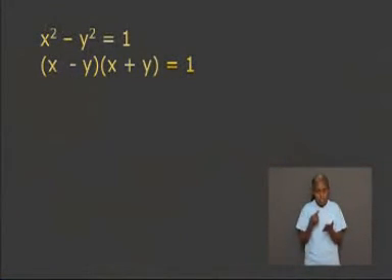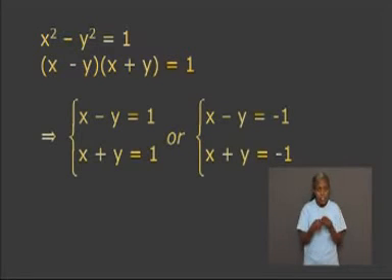If this is the case, we can factor this equation into (x minus y) times (x plus y) equals 1. Since x and y are integers, we can write that x minus y equals 1 and x plus y equals 1 because 1 times 1 equals 1.